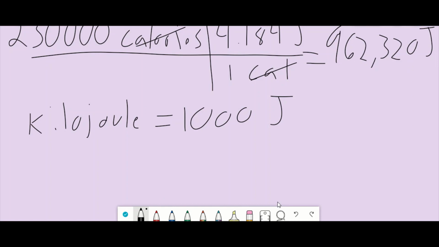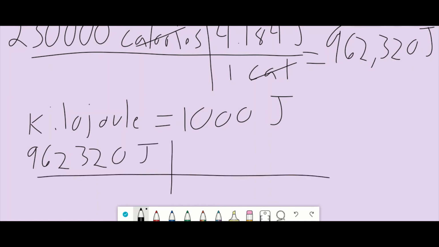So I'll do that right here. We have 962,320 joules. If we want to convert that to kilojoules, we put the kilojoules right here and the normal joules right here. For every 1 kilojoule, there are 1,000 joules. So we're going to do 962,320 times 1 divided by 1,000.